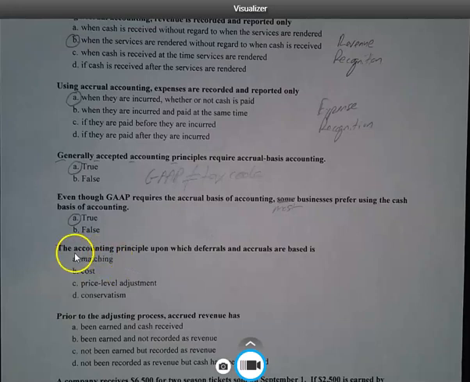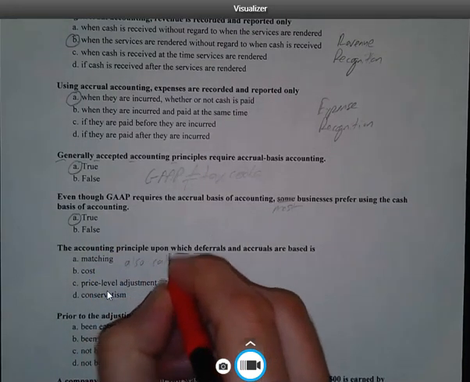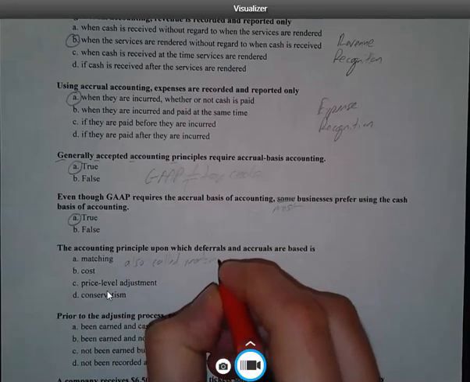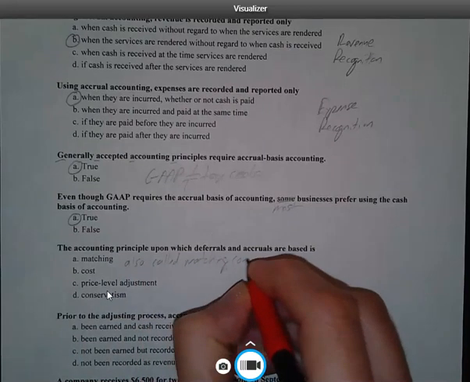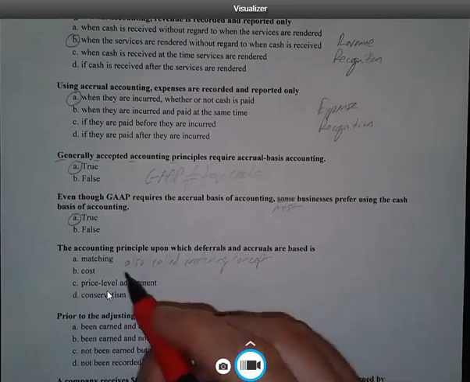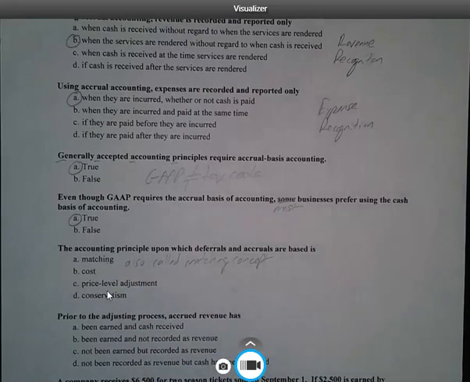So what we're looking for here is the matching principle, also called the matching concept. So the matching principle and matching concept, these are the exact same things.